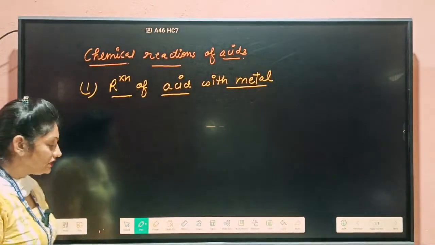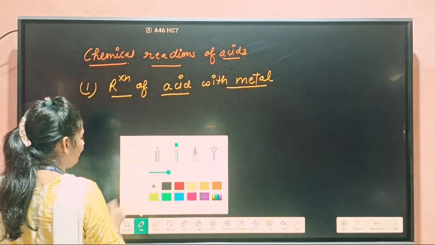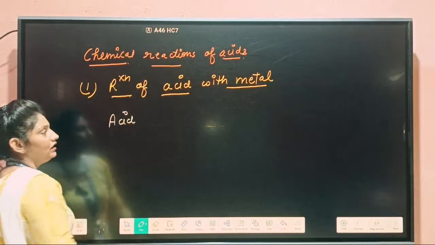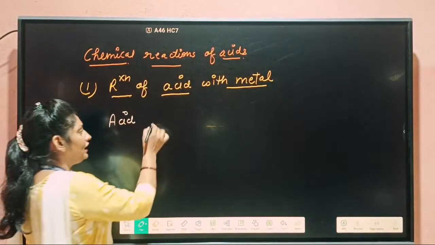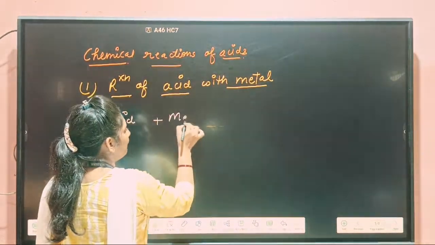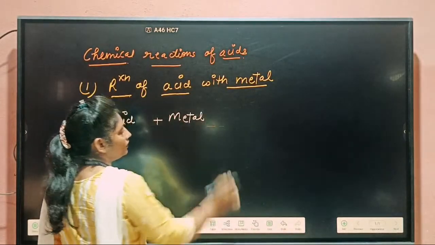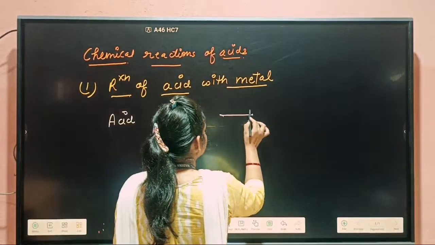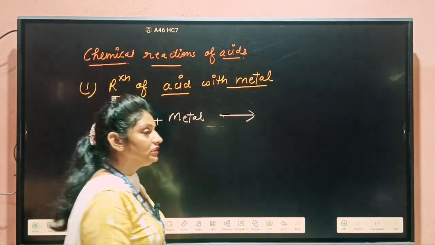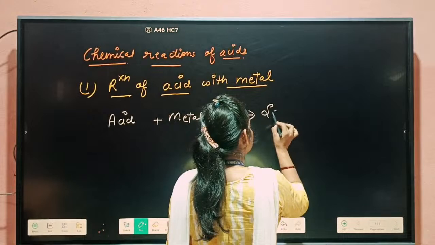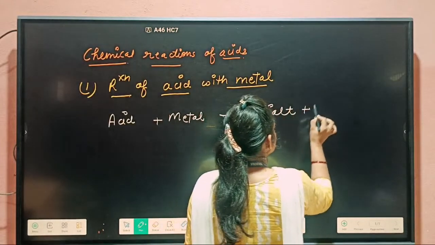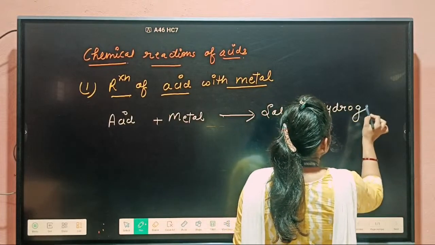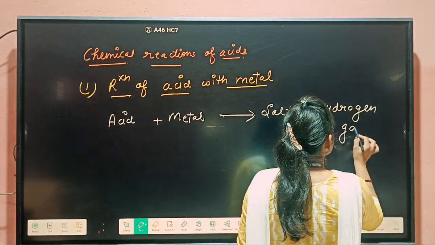Okay students, so if we have an acid and it reacts with a metal, then students, what product will we get? We will get salt plus hydrogen gas. Salt plus hydrogen gas.